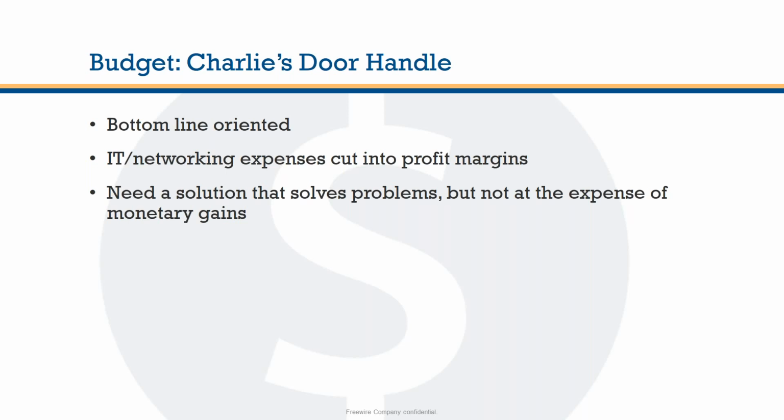IT networking and expenses cut into profit margins, and wherever and whenever we have the ability to diminish their budget while maintaining or increasing the same level of efficiency in operations is a good thing. So an SD-WAN solution needs to address two main areas. One, it has a positive impact on the budget and increases ROI, and two, it alleviates current inefficiencies.